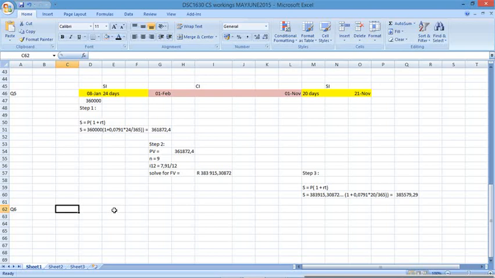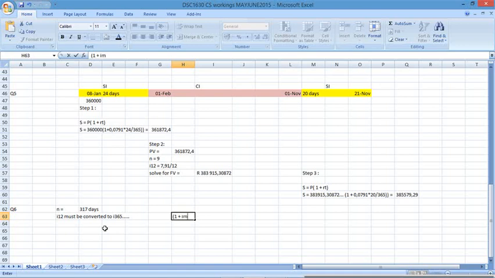Okay, so from 8 Jan to 21st November, if you do that calculation, you're going to get 317 days. Right, I'm then going to need to convert I12 to I365. Right, and I'm going to be using my equivalent rates formula. Okay, so I've shown you the equivalent rates formula before, so this should be okay hopefully by now.